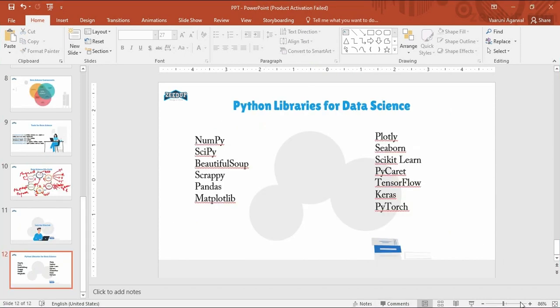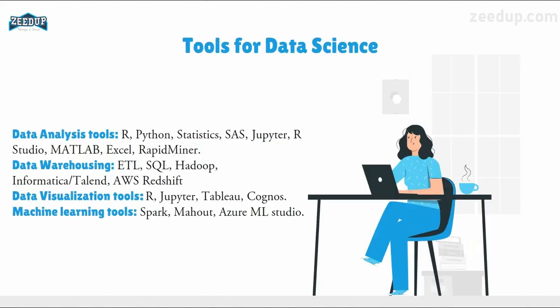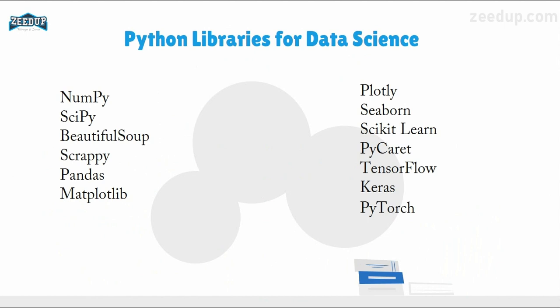So these are some Python libraries that can be used for data science. If we take a look at them, we have libraries like NumPy. NumPy is basically a library that helps you to deal with arrays, right? There is no way in which we can deal with arrays generally in Python.